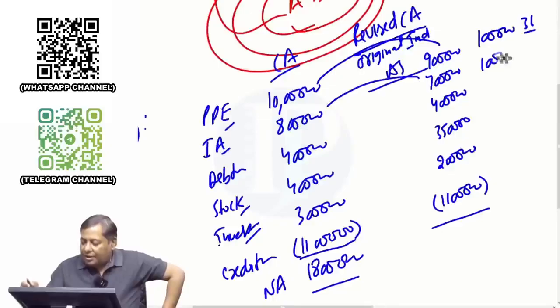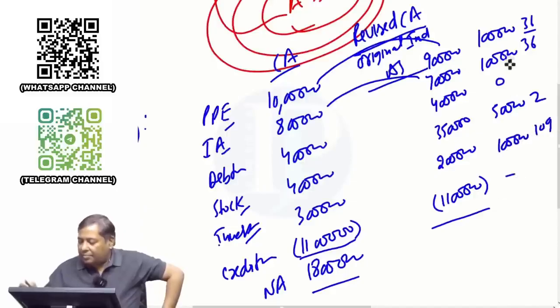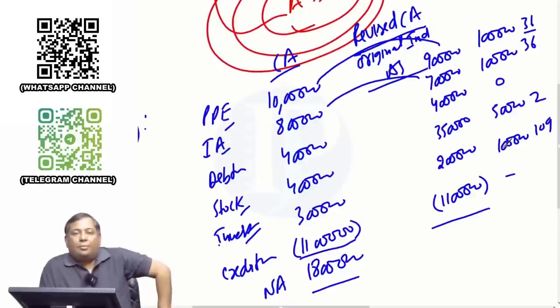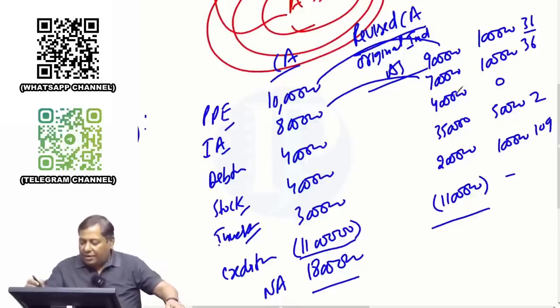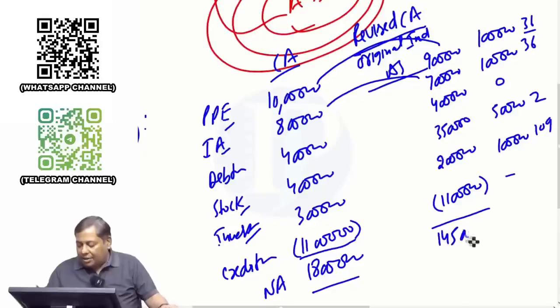Here there is no loss according to Ind AS 36. Again a loss of 50,000 came according to Ind AS 2. Now a loss of 1 lakh has come as per Ind AS 109. What's the total? You got a loss of 3.5 lakhs. If there is a loss of 3.5 lakhs, how much would the carrying amount be? Around 14.5.